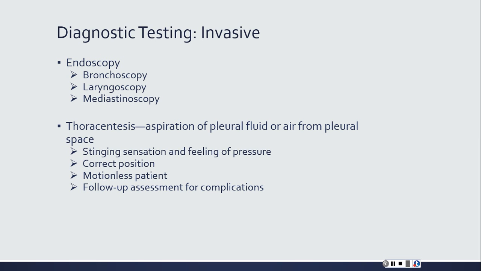Okay, a patient went down for a bronch or even stayed at the bedside and they did a bronchoscopy, and now they're having trouble breathing. Well, we need to figure out what the problem is. Call the physician. Let them know that there's some problems going on. In most cases, if you've got a patient with an endoscopy or bronchoscopy, you're going to have some oxygen there, right?